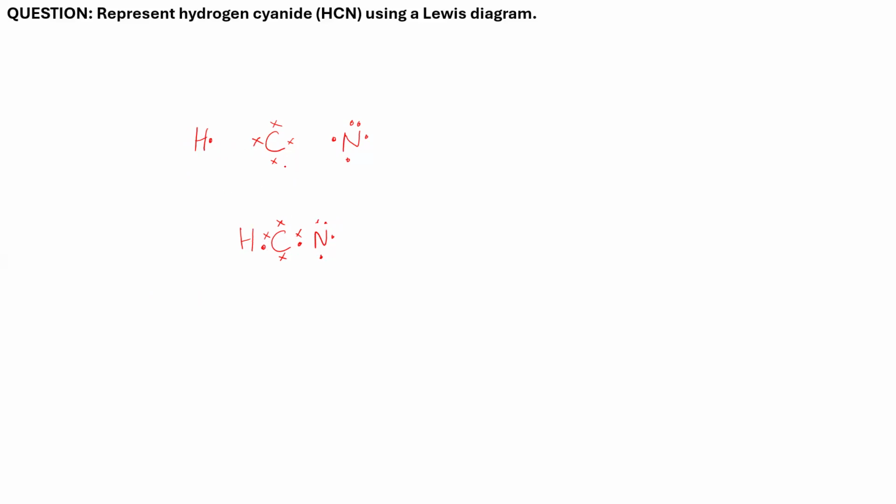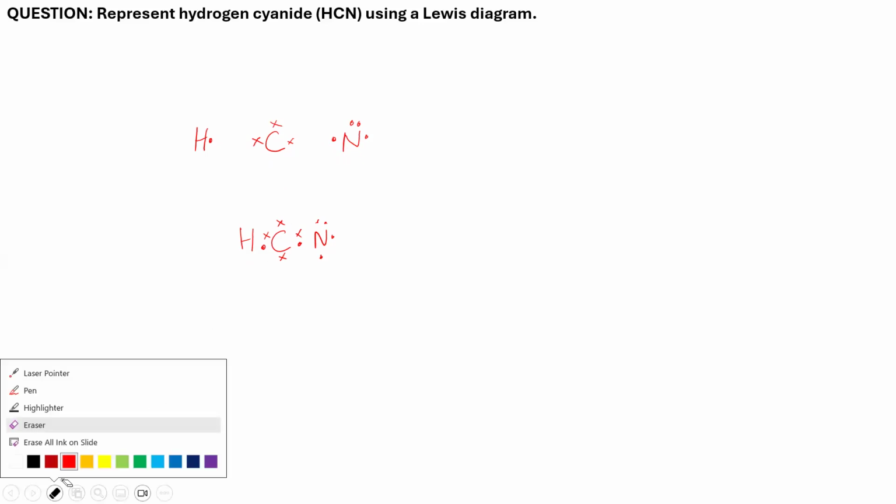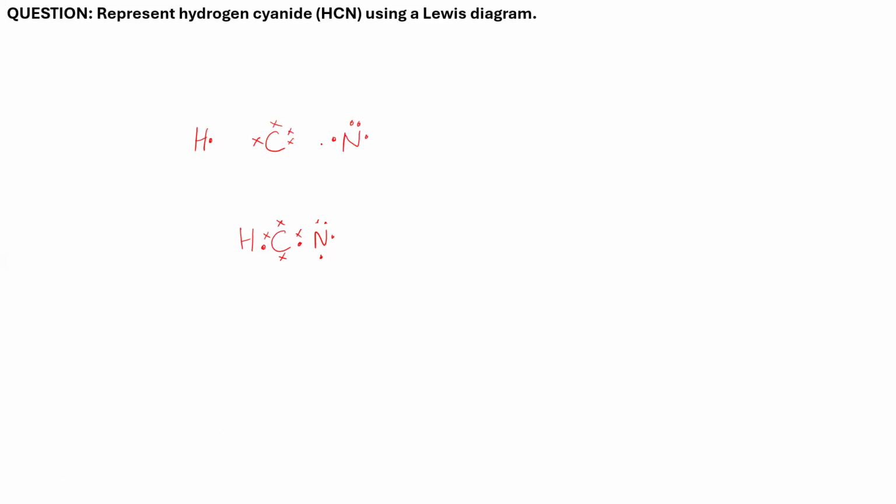So now what we're going to do is move one electron over here, right? And we will move this one electron over here. Carbon and nitrogen can do double bonds. Let's see if that would work. So I'm going to erase this one over here, and this one over there. Put my cross here, put my dot there. Now I have two electrons on this side, and also on that side I have 2 electrons.